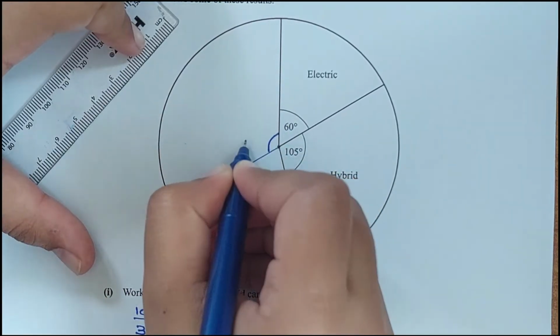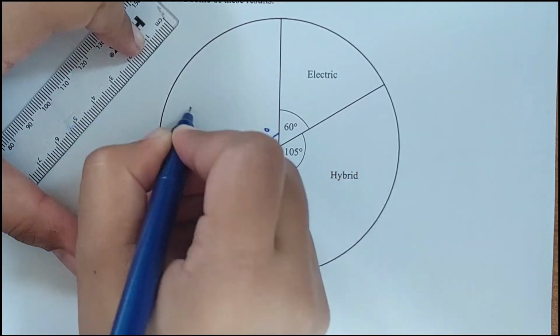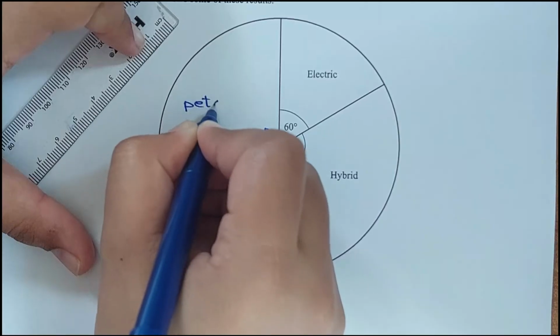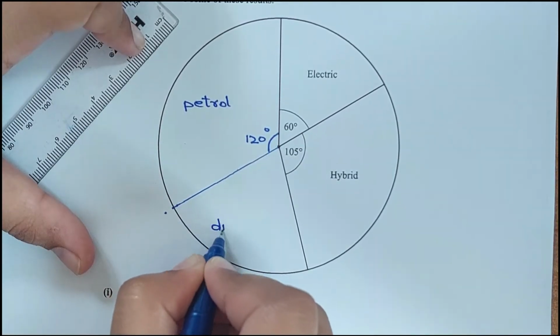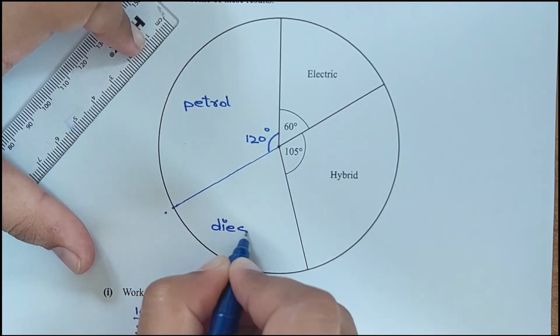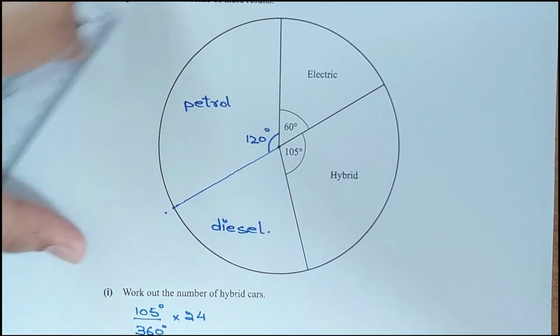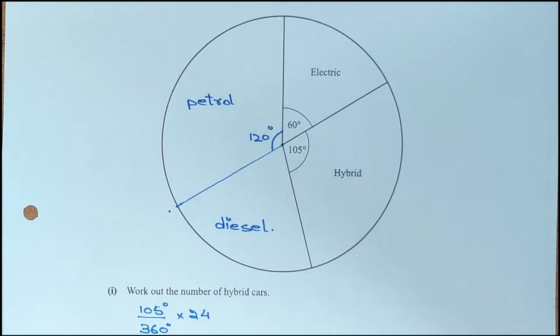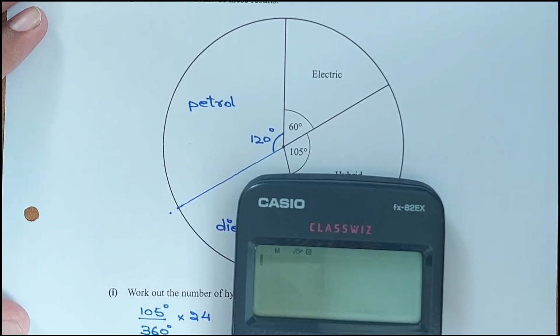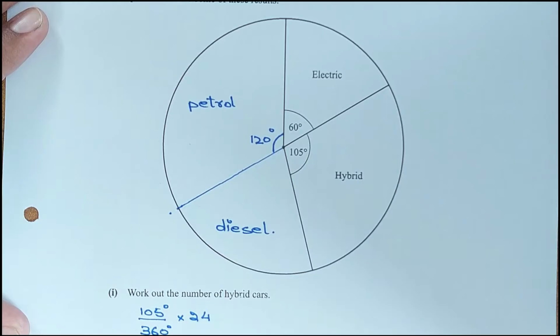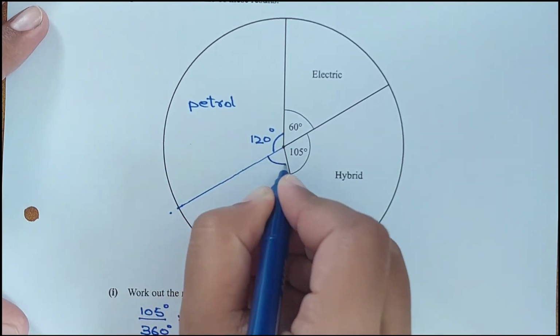This is 120 and this is for petrol, and the other portion is for diesel. All right, and let me measure the angle for diesel as well. So we have 120 plus 60 plus 105, and 360 take away the answer is 75. So diesel is 75 degrees.